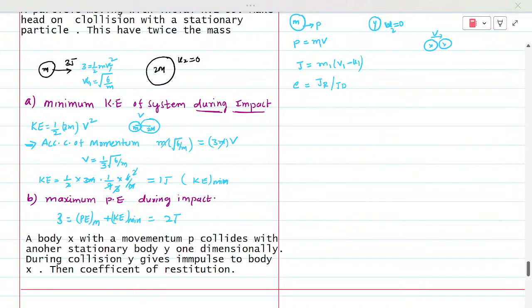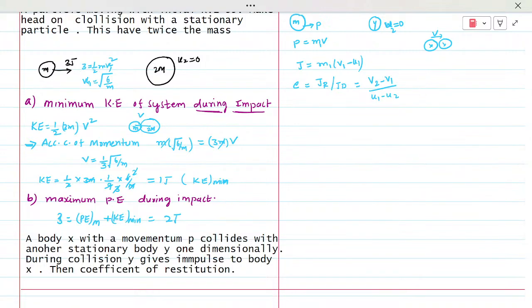So after collision, e is equal to, we know the formula, v2 minus v1 by u1 minus u2.